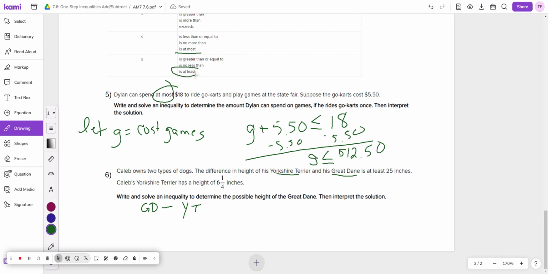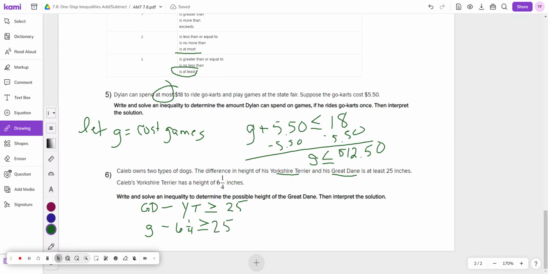Here's at least. So we're going to use a greater than or equal to symbol, the difference, which is 25. So let's just use G for Great Dane minus 6 1/4 is greater than or equal to 25.